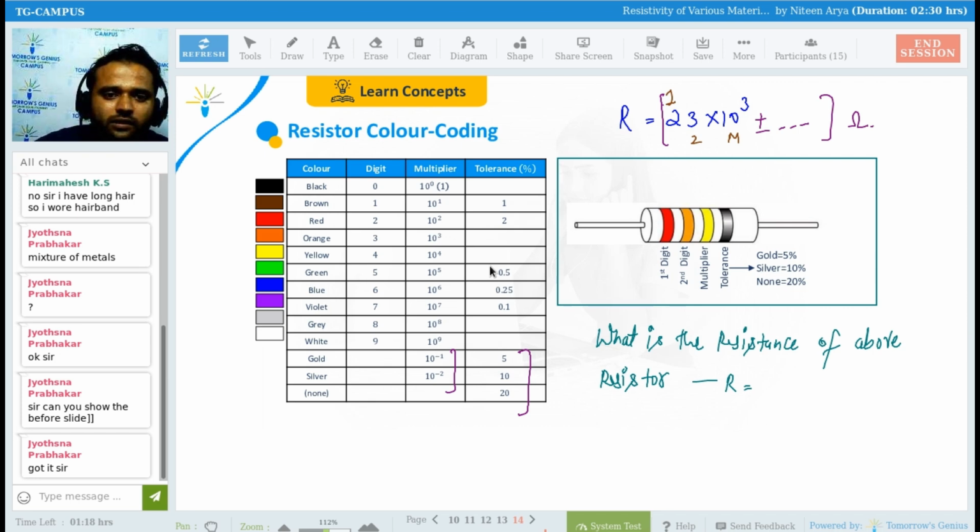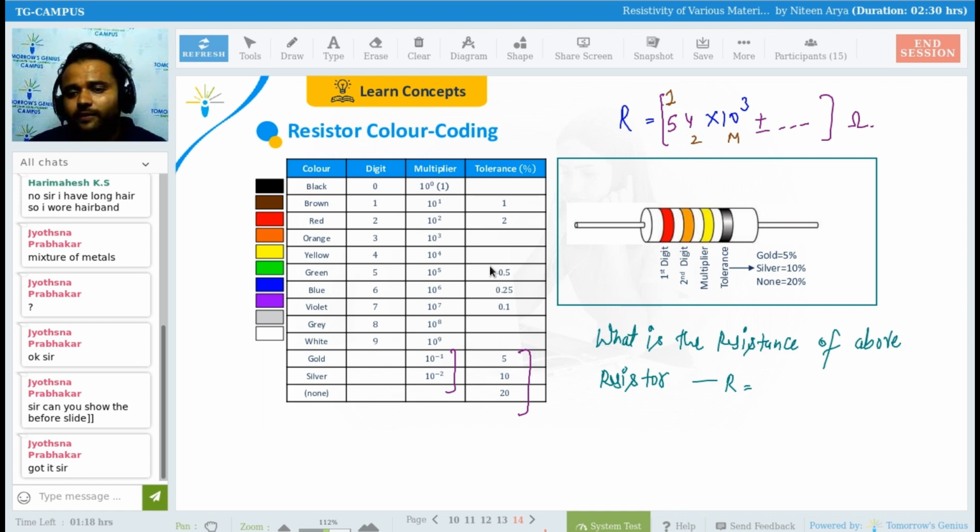I'll remove this and write something else, 54. Did you all understand this now? You need to use the table on the left hand side, and according to the color code, find the resistance of a resistor.